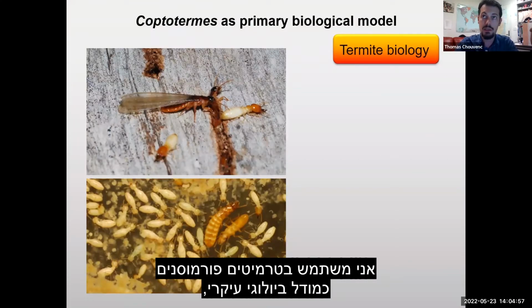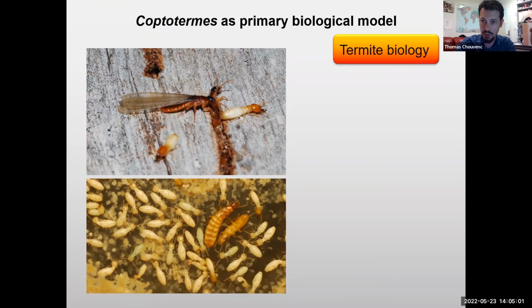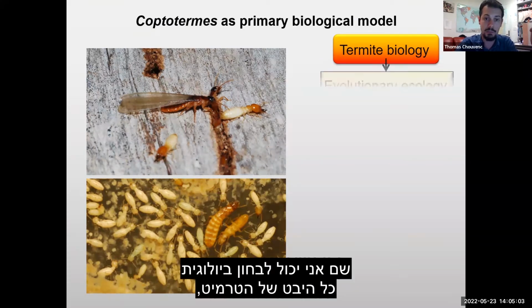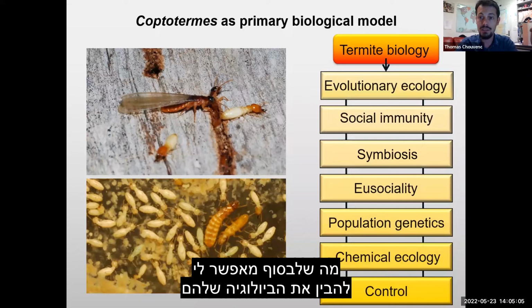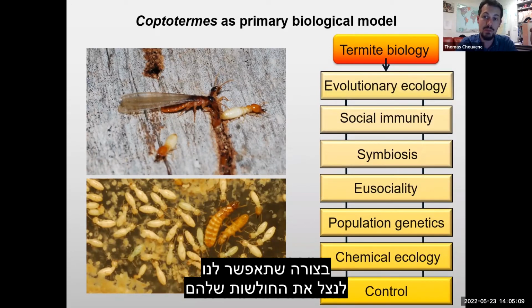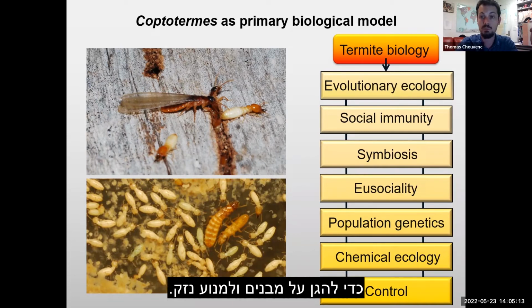So I use Coptotermes as a primary biological model, where I can study any aspect of termite biology, which eventually allows me to understand their biology in a way that we can exploit their weaknesses to protect structures and prevent damage.